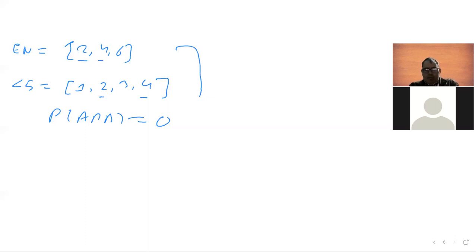Events A and B are mutually exclusive events with P(A) equals 0.2, P(B) equals 0.3. It's the same as before? No, these are not mutually exclusive events. Oh, I see. Mutually exclusive. A intersection B is 0, right.